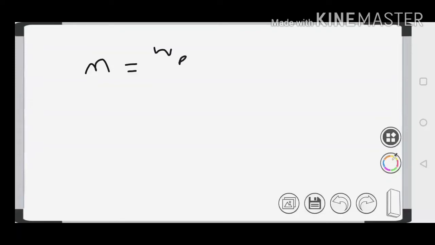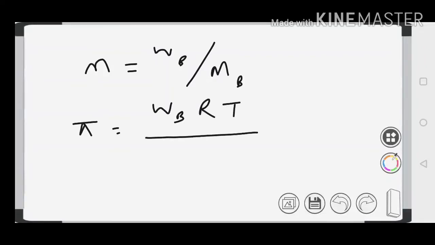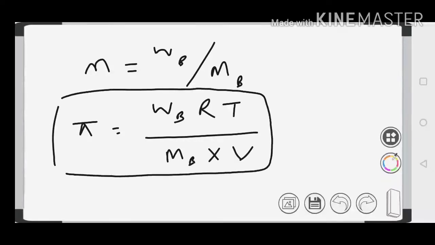Now if n is equal to given mass by molar mass, then the value of pi becomes equal to WB into R into T divided by MB into V. So in this formula you see the molar mass of the solute is introduced.